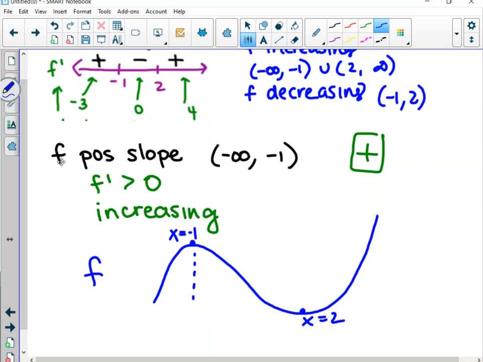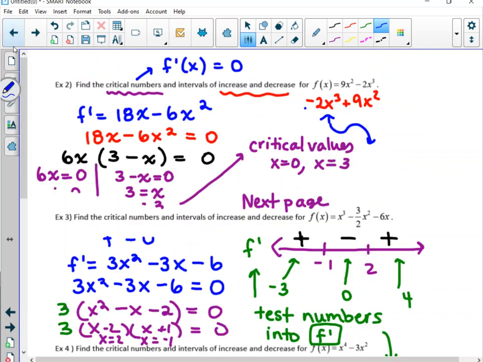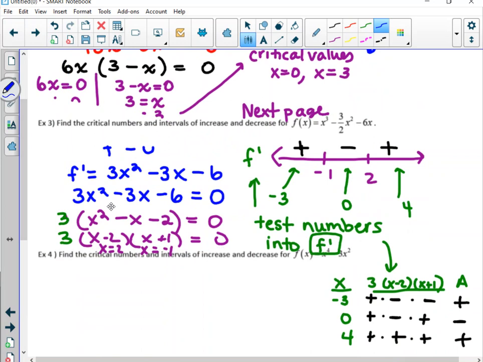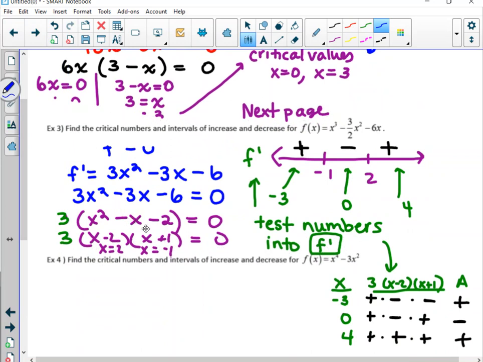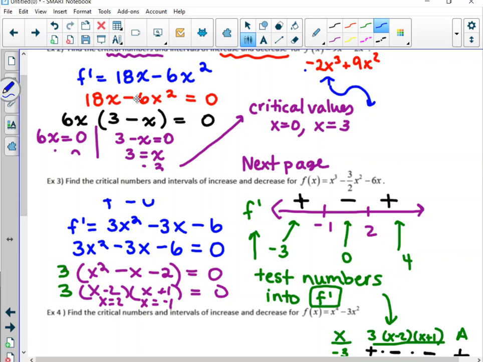Okay, I don't think 0 is a critical number for this problem because 0 is not a number that makes this derivative equal 0, unlike this derivative. See, this derivative, when I plugged in a 0 for x into the derivative, I got 0.